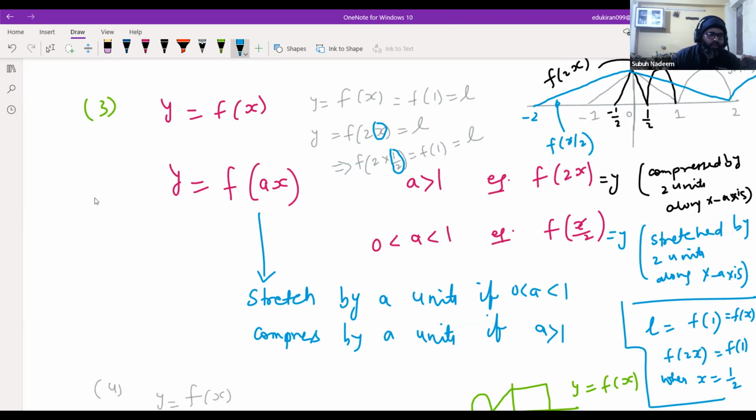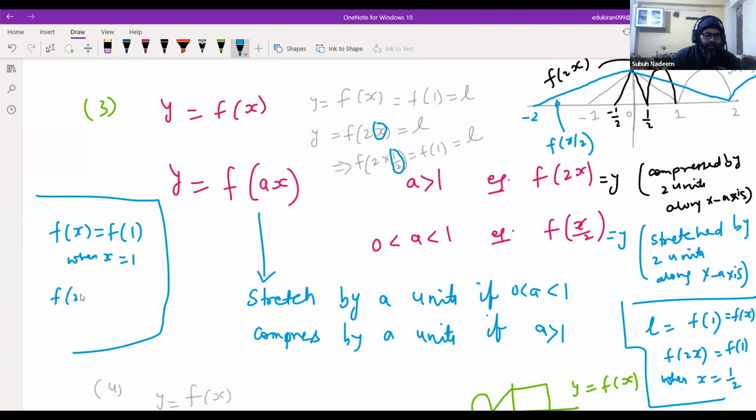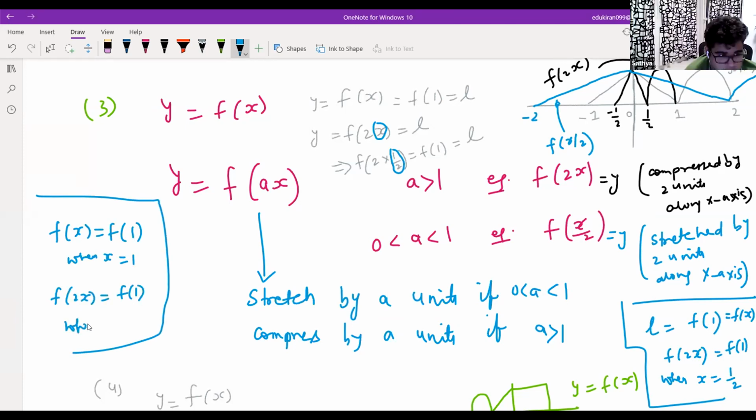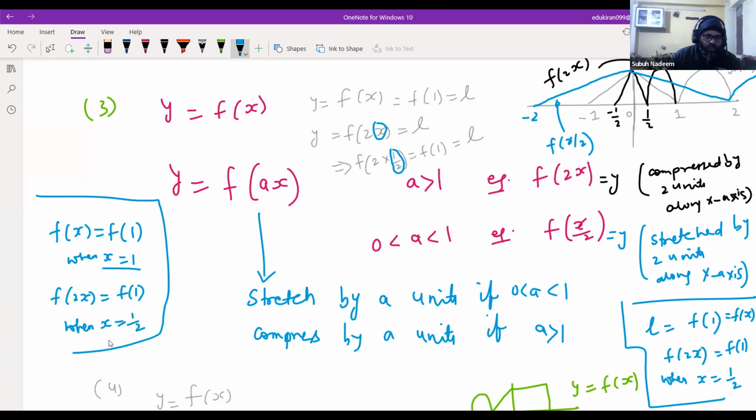If I'm saying f of x is f of 1, that is possible when x is equal to 1. As simple as that. You put x as 1. When is f of 2x equal to f of 1? When 2x is 1, that is when x is 1 by 2, right? So earlier the value which was coming at 1, now that value will come at half. So it got compressed.